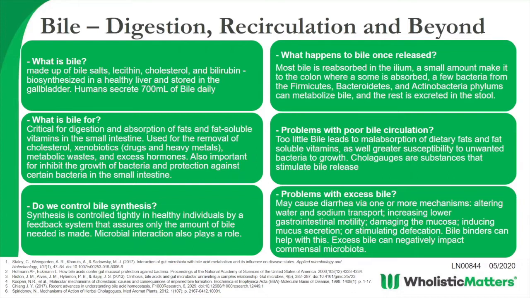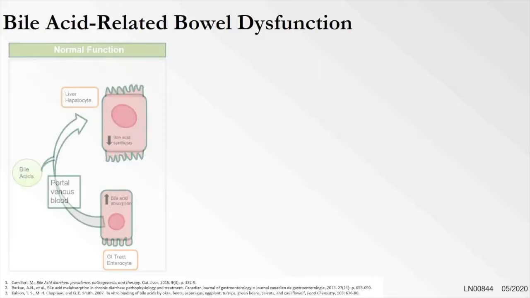And for these people, bile binders can be a really big help with this. Excess bile can negatively impact the commensal microbiota overall, because not all of them are able to metabolize it. And as outlined earlier, it is an antimicrobial component.